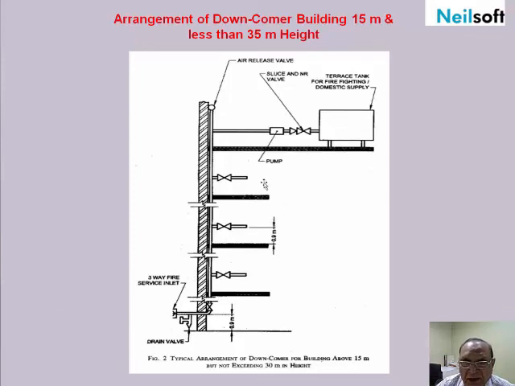It is having an overhead tank with the pump to boost the pressure, and dry risers installed which can be fed by the fire department, and it can be pressurized by the water inside the tank. These things are duly explained with the notes wherever this kind of system is applicable.